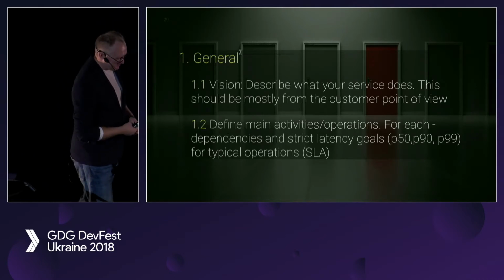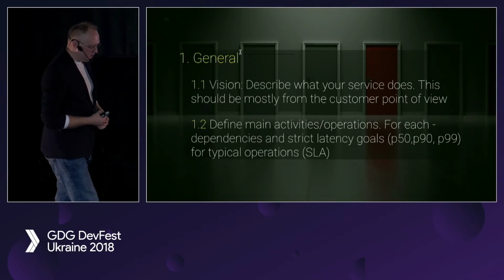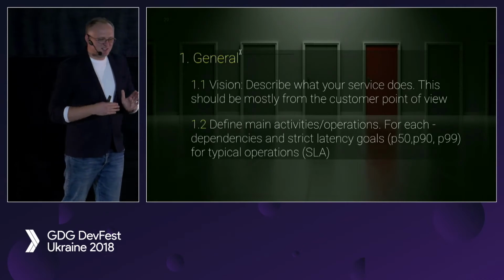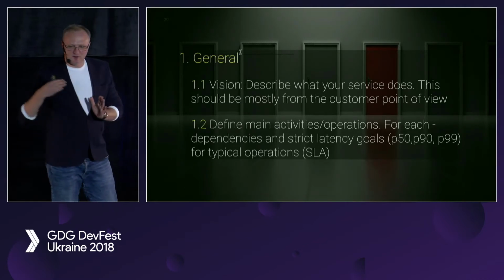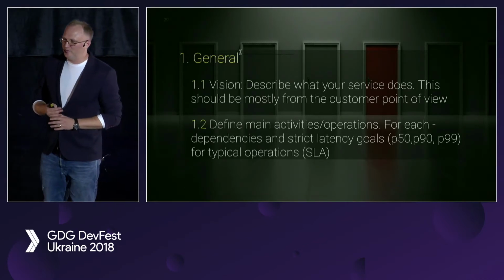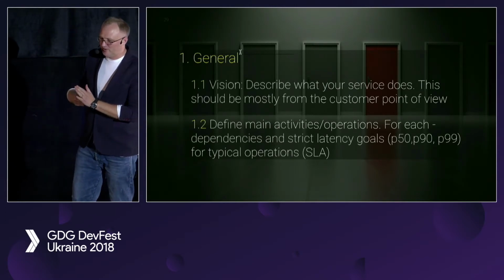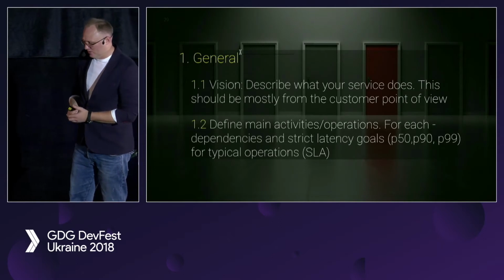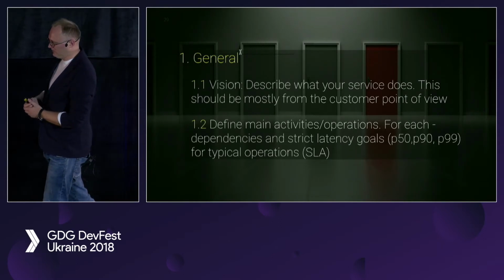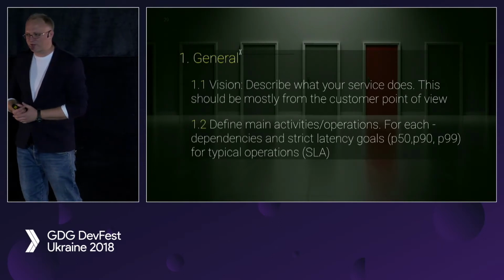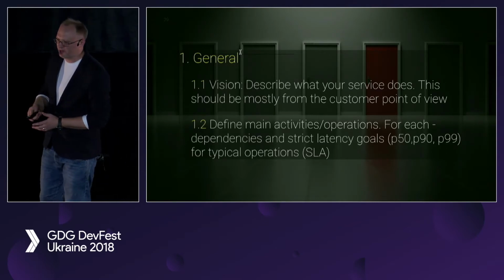It's just a small example. So you need to define these SLAs before going further, before thinking about the limitations of the platform, the latency of the cloud provider, and so on. So think about the customers first.